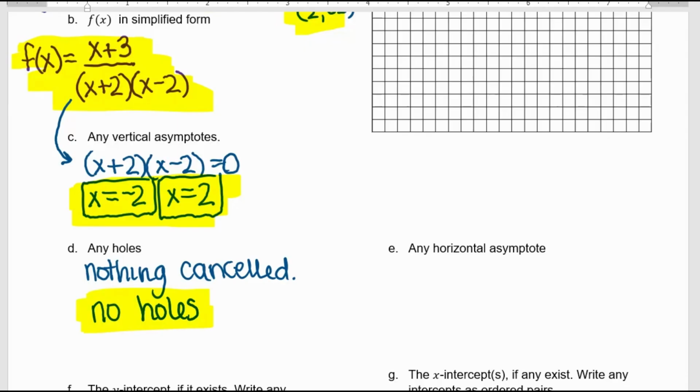Horizontal asymptotes. Remember, for our horizontal and slant asymptotes, we need to compare the degrees. So we need the degree of the numerator and the degree of the denominator. Our degree of our numerator is 1 because we have an x to the first. The degree of the denominator, if you're comfortable doing factored form, which you should all be, you add the exponents. 1 and 1 is 2.